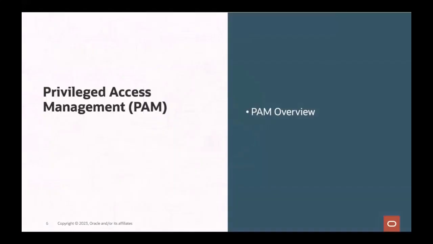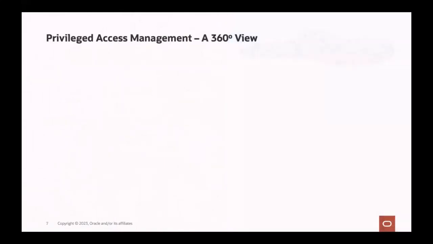So let's review what privileged access management is all about. It refers to a security practice of limiting access to critical resources and sensitive data and only providing authorized users with necessary privileges.